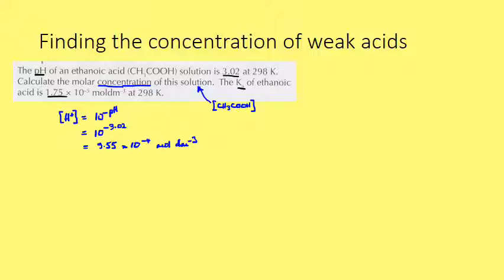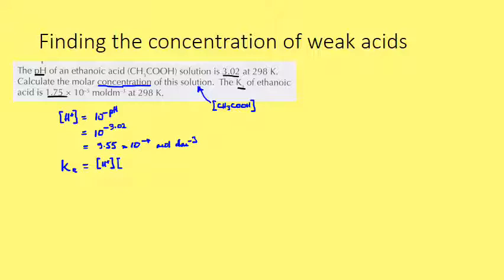So now we have the hydrogen ion concentration, and if it was a strong acid, there would be some simple relationship between that hydrogen ion concentration and the acid concentration. But of course, this is a weak acid, and so instead, we have to use the acid dissociation constant in order to get from the hydrogen ion concentration to the acid concentration. So let's write an expression now for the acid dissociation constant. So Ka is going to be the concentrations of our products, which are H+, and that's part of the dissociated acid molecule.